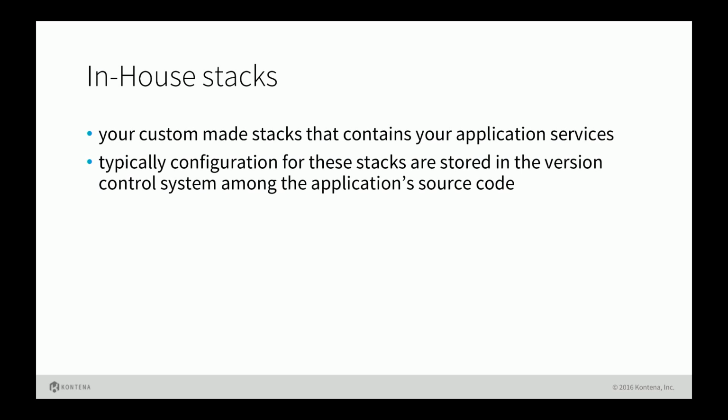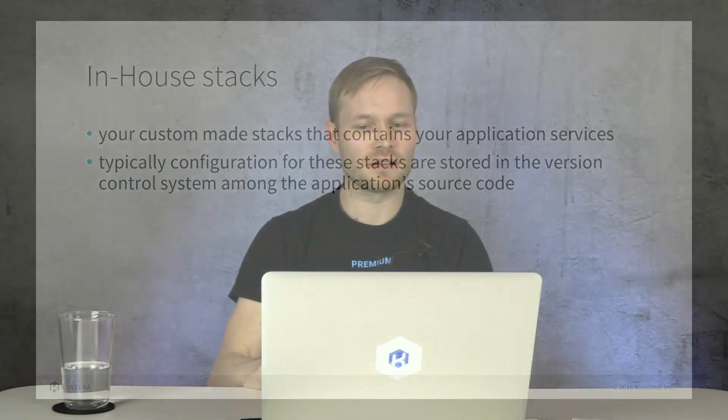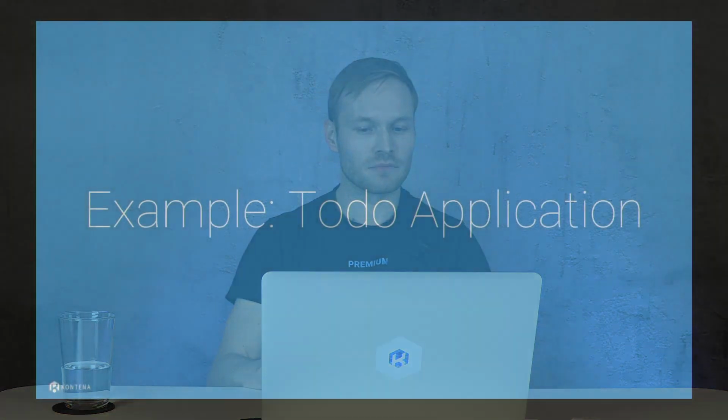And the in-house stacks are our custom-made stacks that contain our application services. And typically the configuration for those stacks is stored in the version control system among other application source code. We have an example basic to-do application.